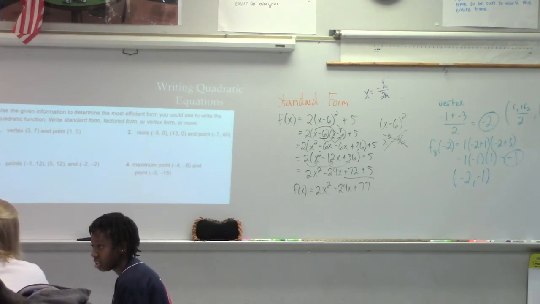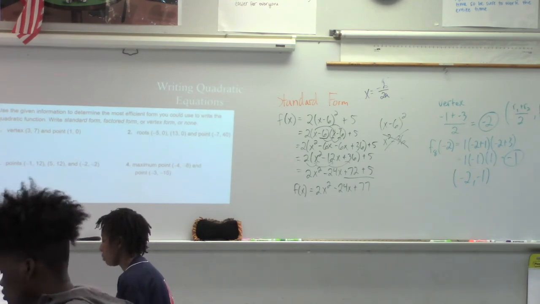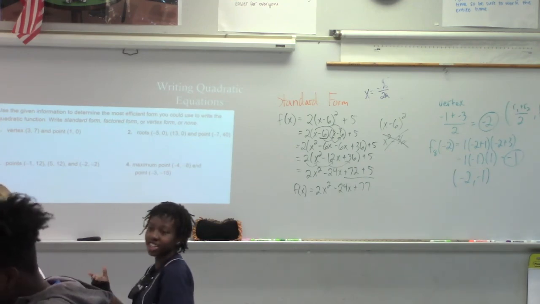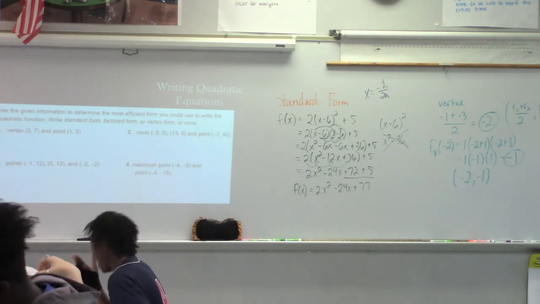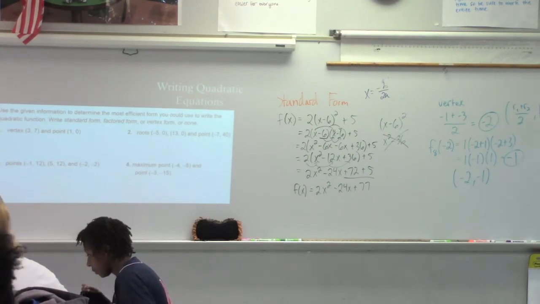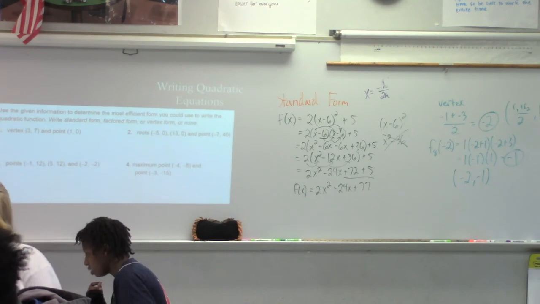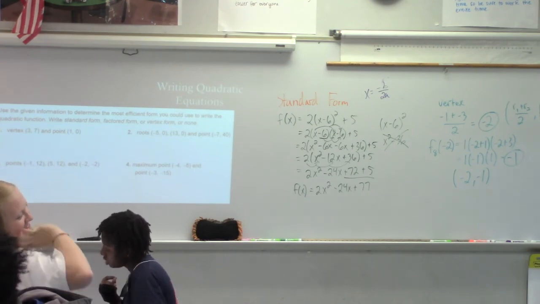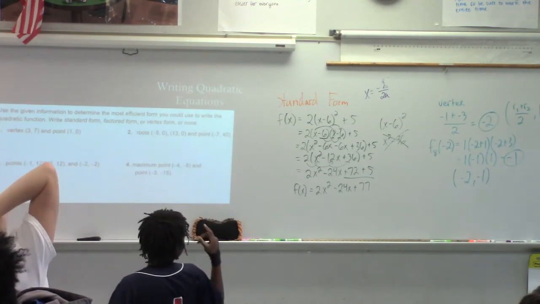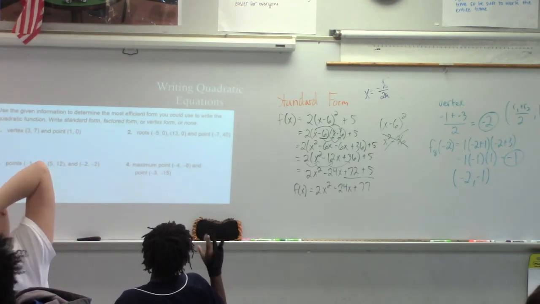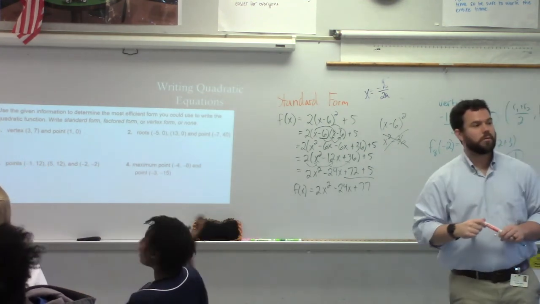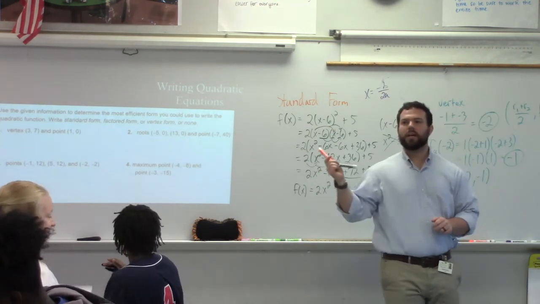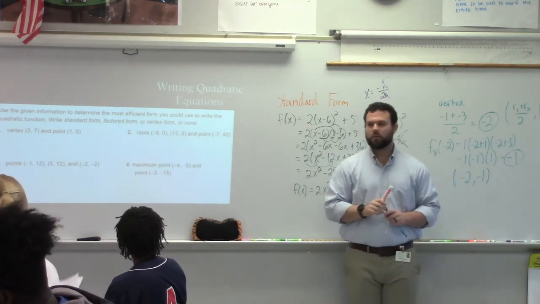We've got 90 seconds. Number one. What do we see there? I also see an x-intercept. I see a vertex though. I see an x-intercept. So what does that make it? Does no one else see the x-intercept for number one?